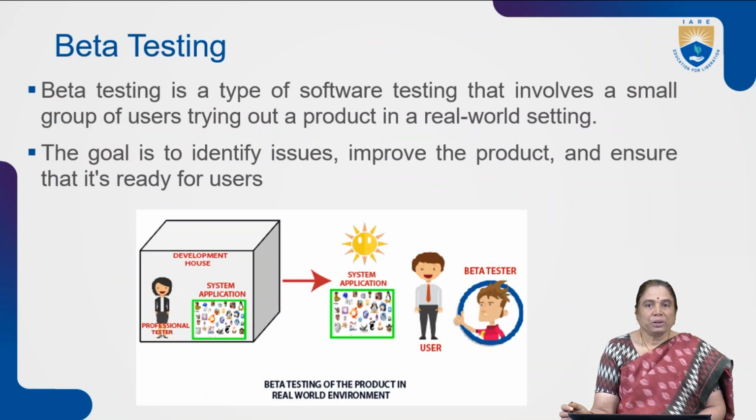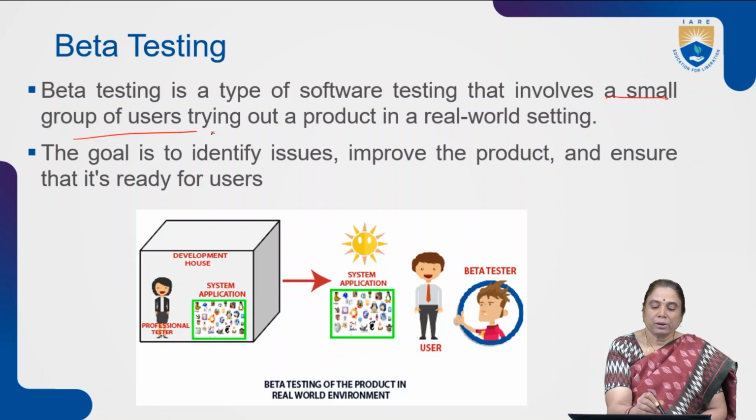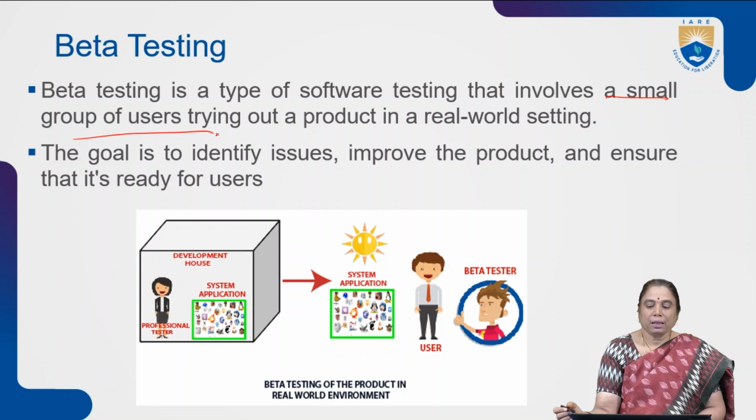Another approach used in acceptance testing is beta testing. Beta testing is a type of software testing that involves a small group of users trying out a product in a real world setting. It is the last stage of testing, where a group of users can use the product.